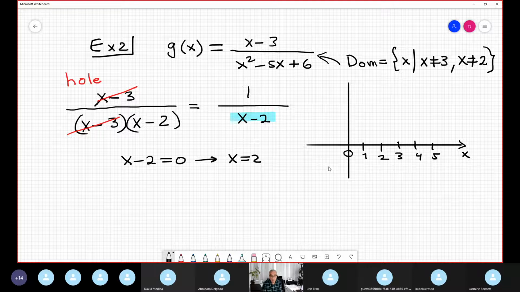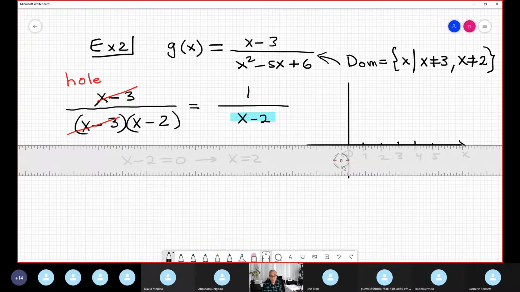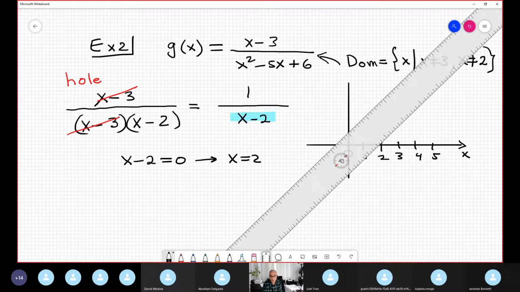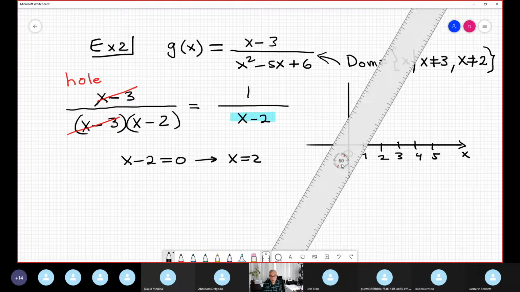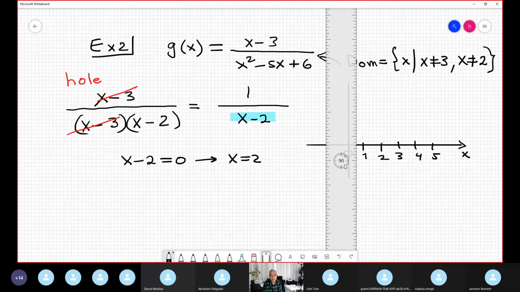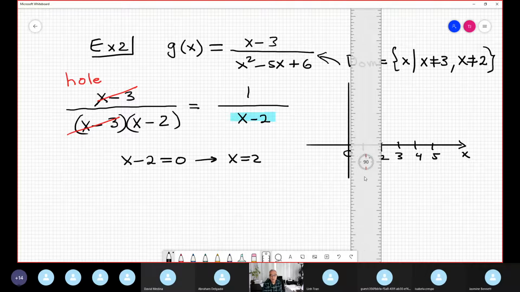And at 2, we have the famous vertical asymptote, 90 degrees, a dotted vertical line, here at 2. This is the symbolic way, guys, to indicate a vertical asymptote, or any asymptote; we study other asymptotes, but this one is vertical.